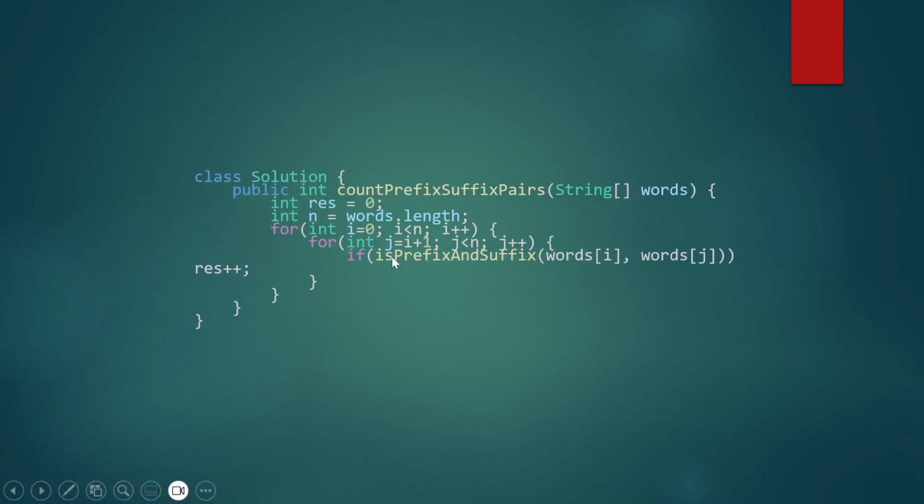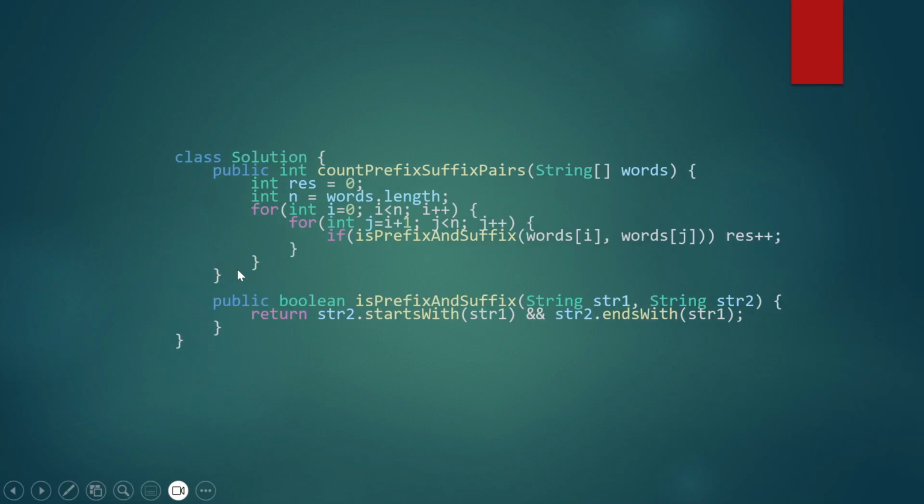Now here we have to check each prefix and suffix. If we pass both words i and words j, and this is true, then we increment our result. And here we have our function, where I'm using string 2 startsWith string 1 and string 2 endsWith string 1.